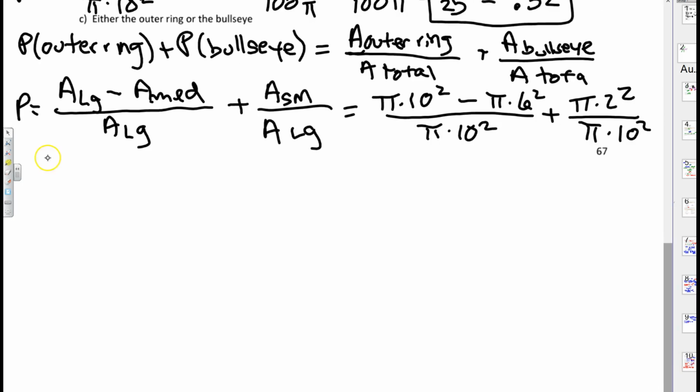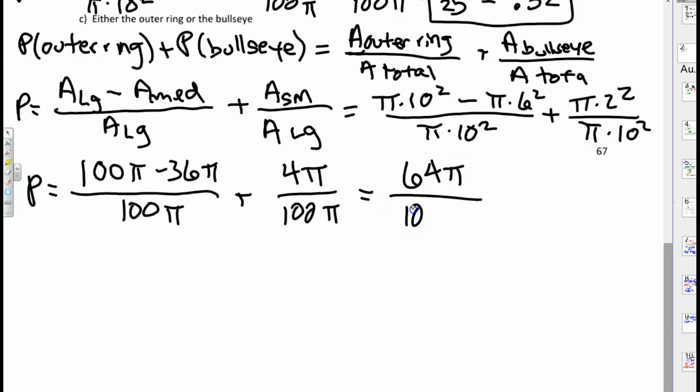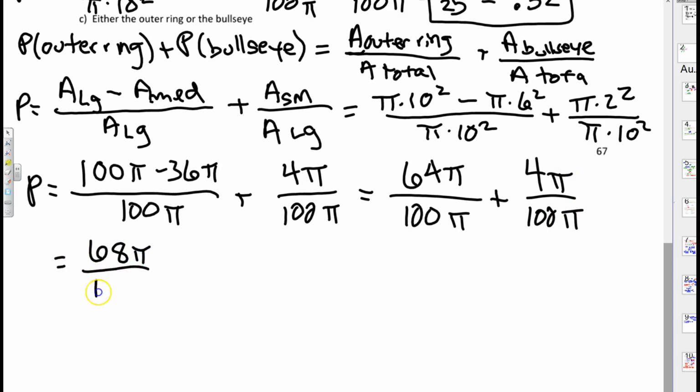So I get probability equals 100 pi minus 36 pi divided by 100 pi plus 4 pi over 100 pi, or 64 pi over 100 pi plus 4 pi over 100 pi. These combine to be 68 pi out of 100 pi.